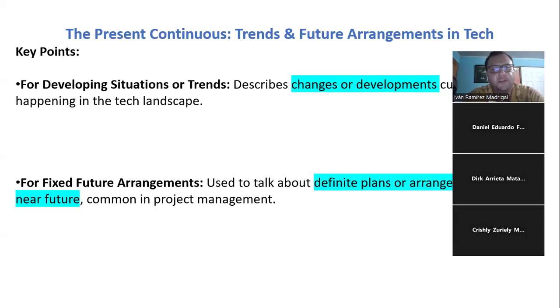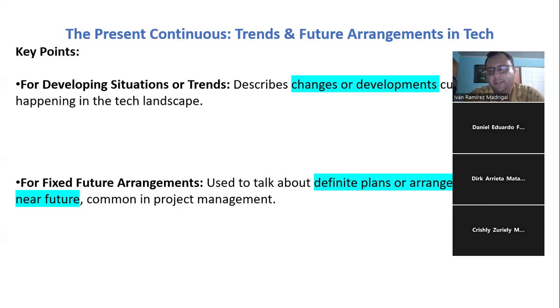Once again, remember, if I say present progressive, it is the same as present continuous. This is when we talk about a situation that has been set or arranged to happen in a near future. For example, when I say the software update is running this afternoon.